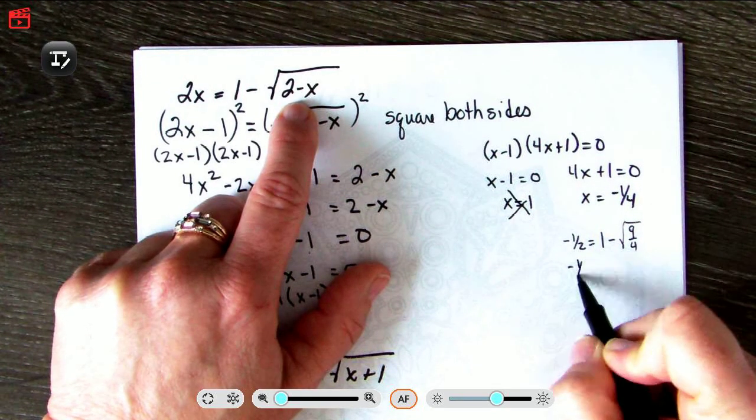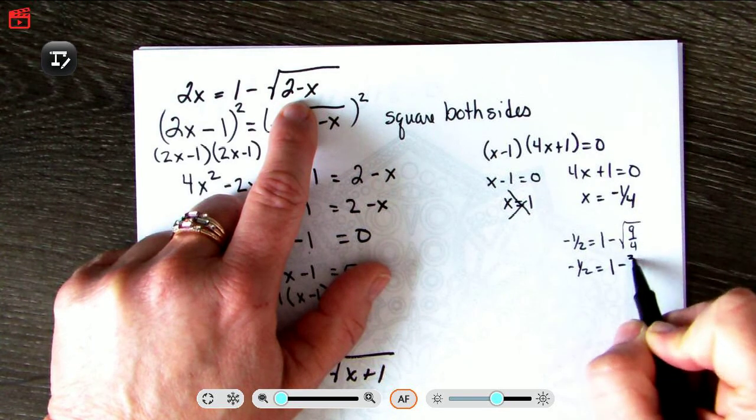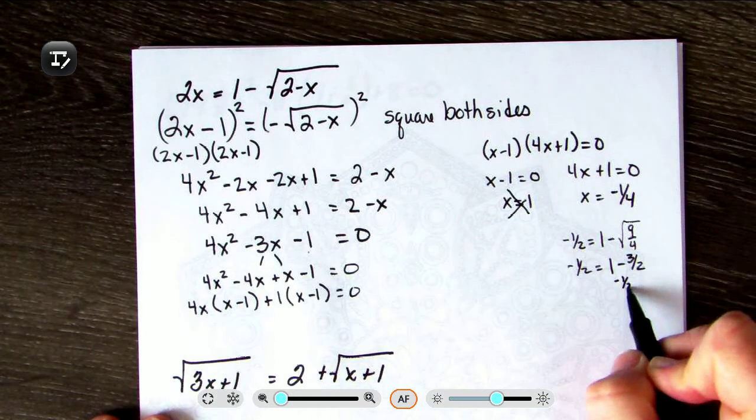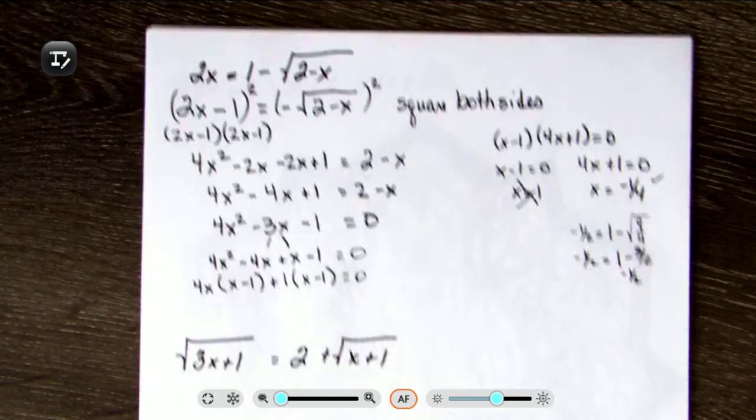The square root of 9/4 is 3/2. 1 minus 3/2 is a negative 1/2. That one works. So we're going to keep both of them.